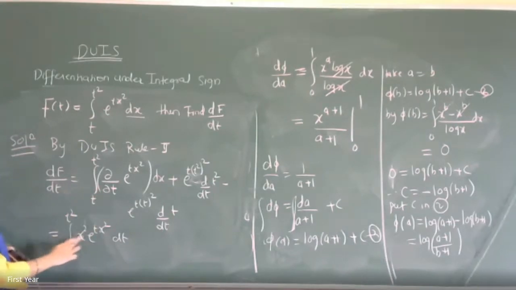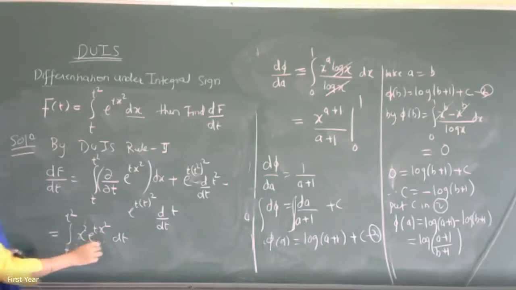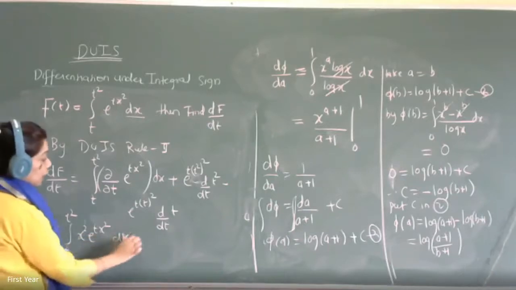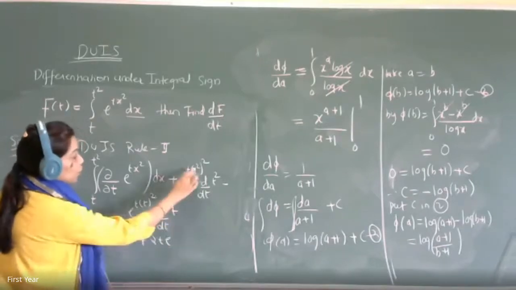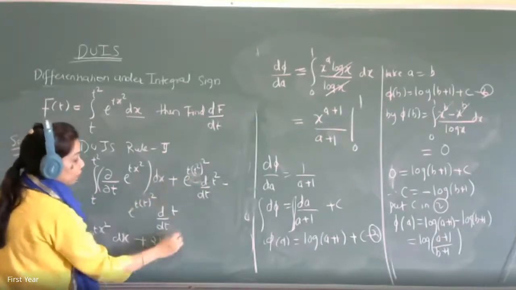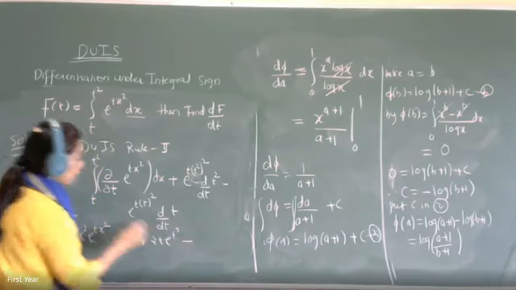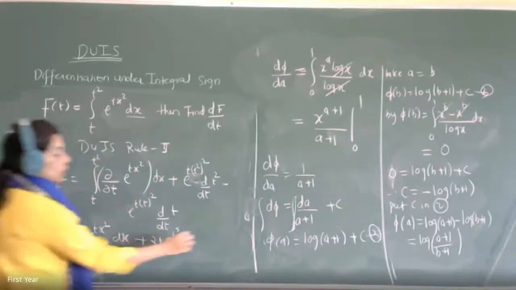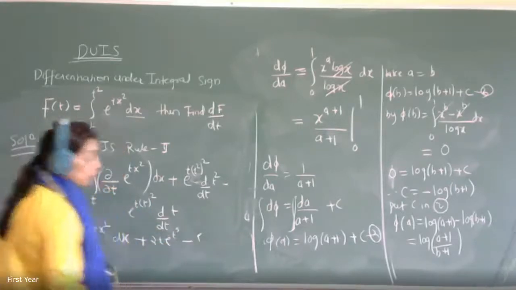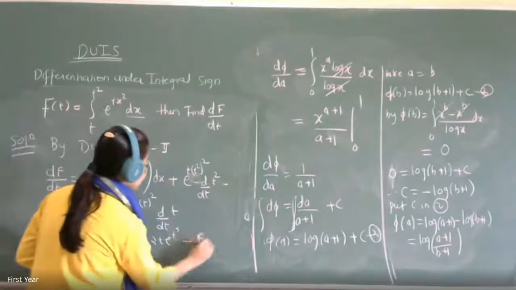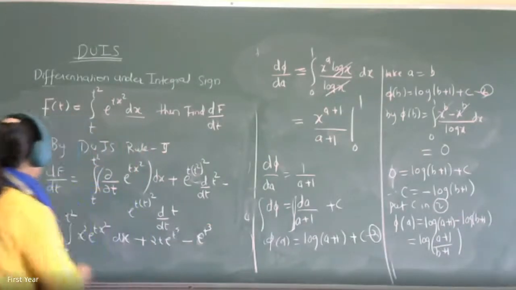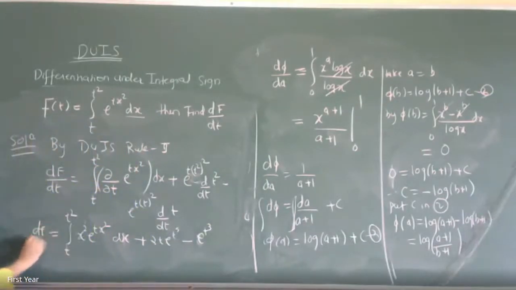So here, x square into e raised to tx square dx, plus t square's derivative is 2t, e raised to t into t to the power 4, so total 4 plus 1, 5. So t raised to 5, minus e raised to t square plus 1, 3. So t cube. And the derivative of t with respect to t is 1. So minus e raised to t cube. This is the question for 2 marks.